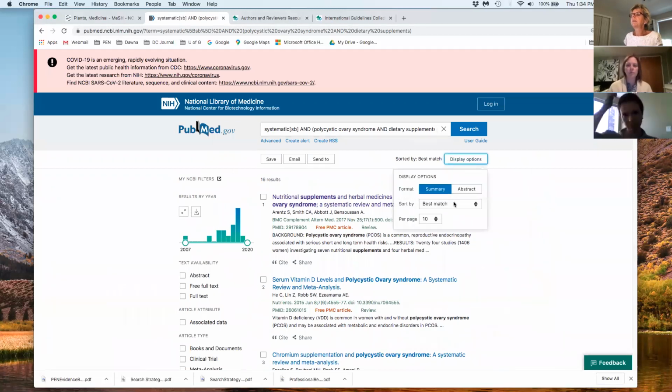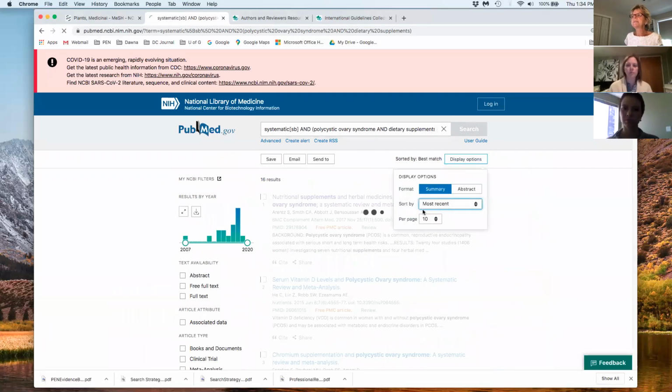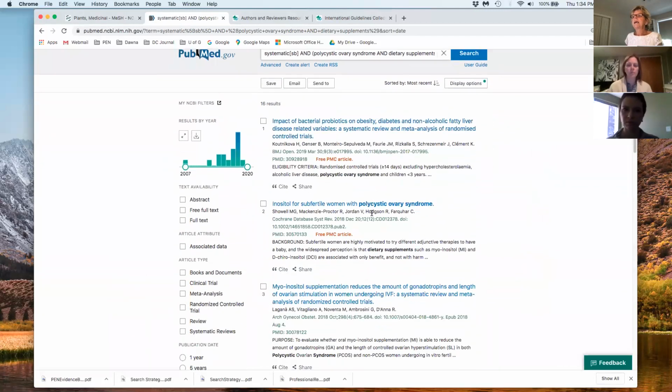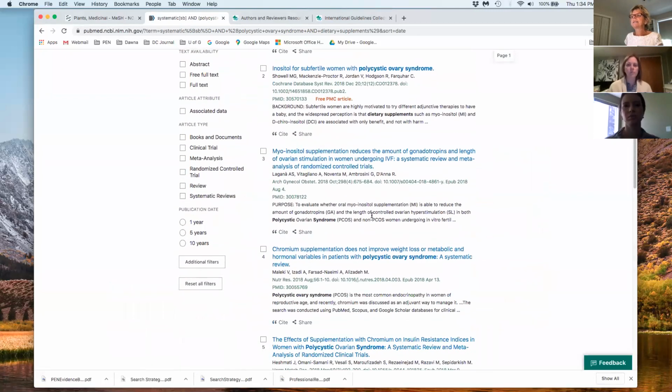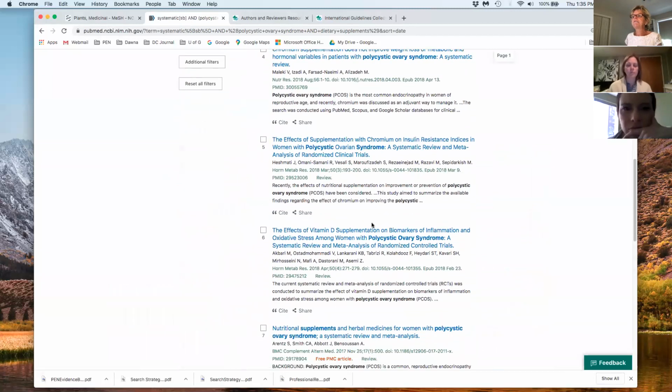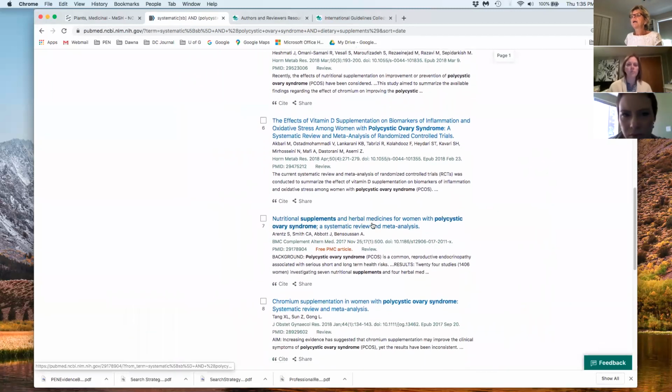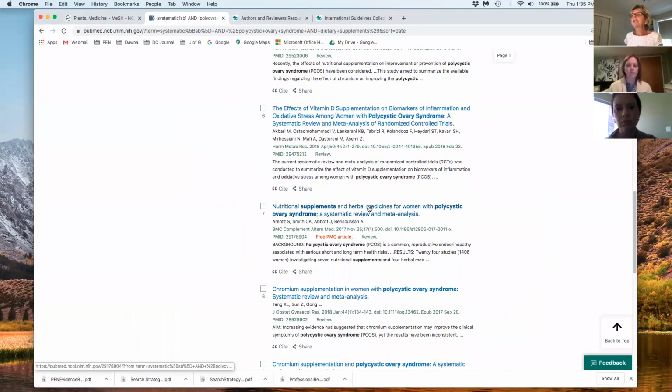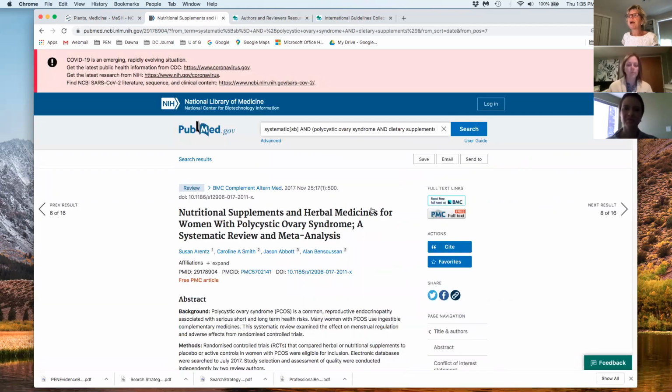Let's sort them by the most recent. And we're getting into specific nutrients here. Here's one that's very general, nutrition supplements and herbal medicines for women with polycystic ovary syndrome, a systematic review and meta-analysis. So that really piques my interest. It looks like it might cover quite a wide variety.